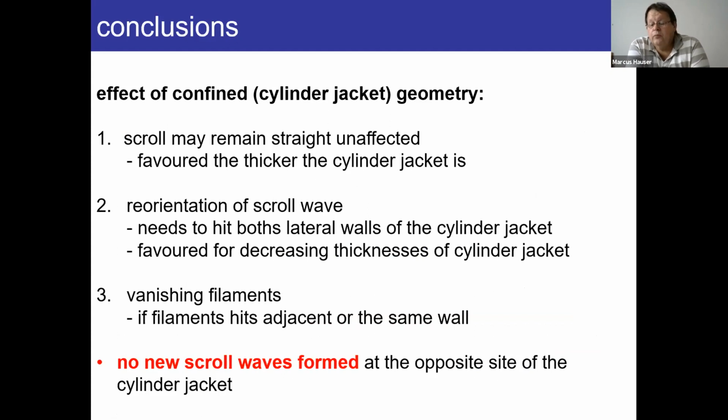Well, the three things which we can look at: the scroll waves can remain unaffected, staying vertical, if the cylinder jacket is sufficiently wide. This can be relatively narrow, but the wider it is, the more probable it is that filaments remain unaffected.